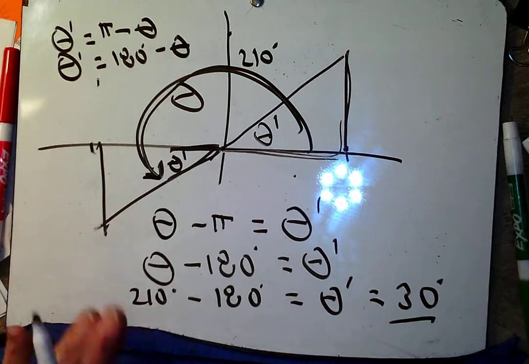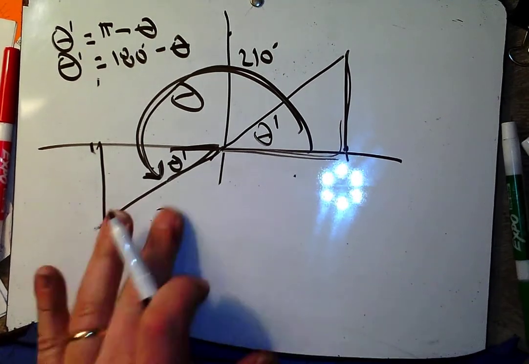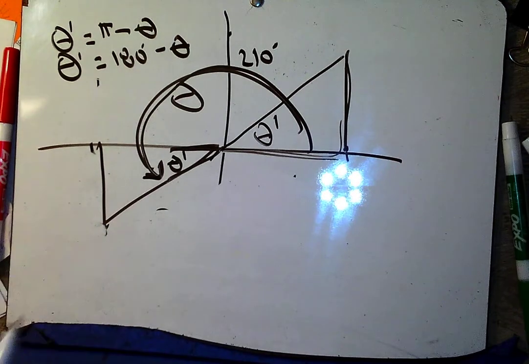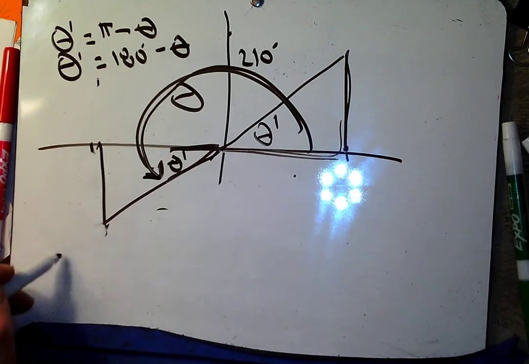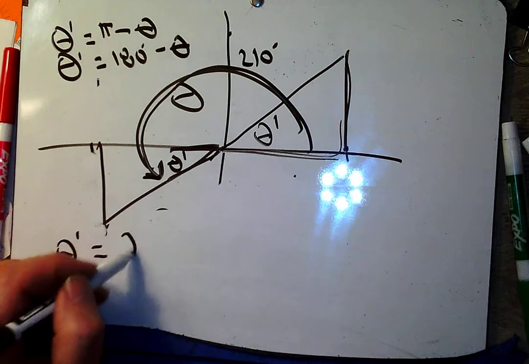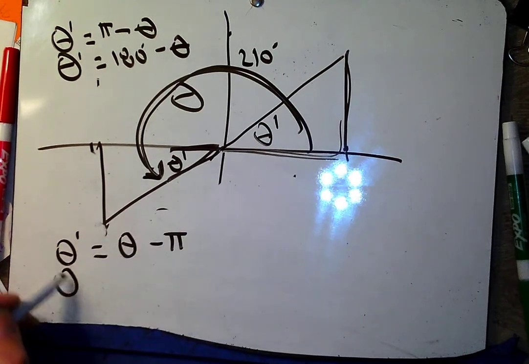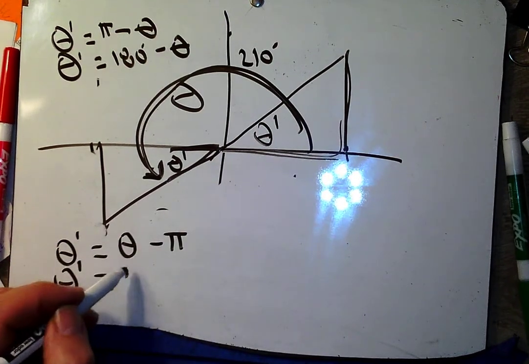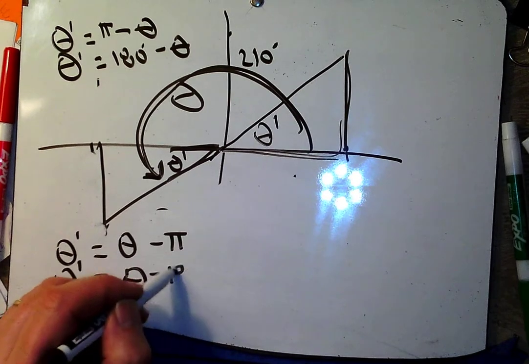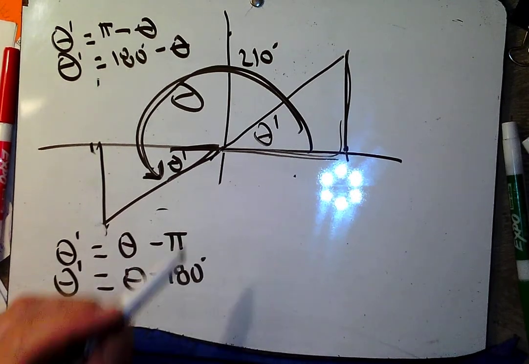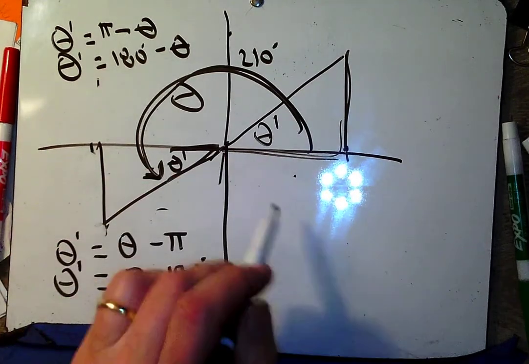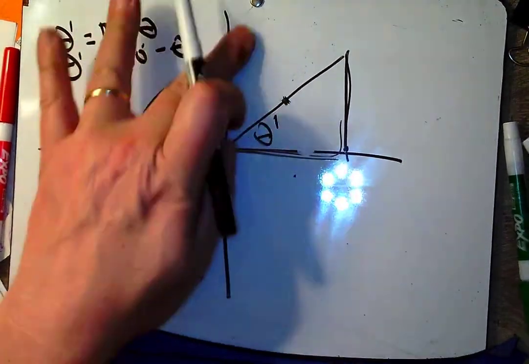Oh, well, that's wonderful. So I've got a different formula here for figuring out reference angles in this quadrant. Theta prime is going to be theta minus pi, or theta prime is going to be theta minus 180 degrees. Guess what? Still different formulas over here.